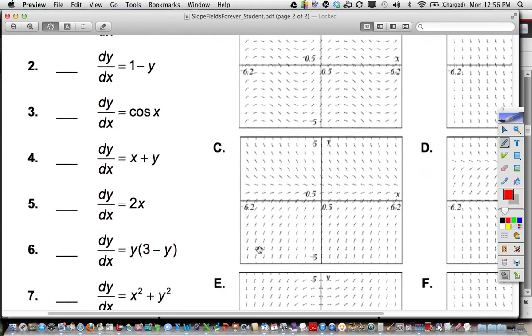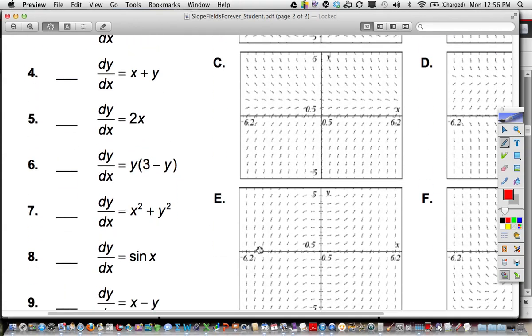Okay? So you've got that. Now, look at C here. What kind of graph do you envision in there? A vertical asymptote?